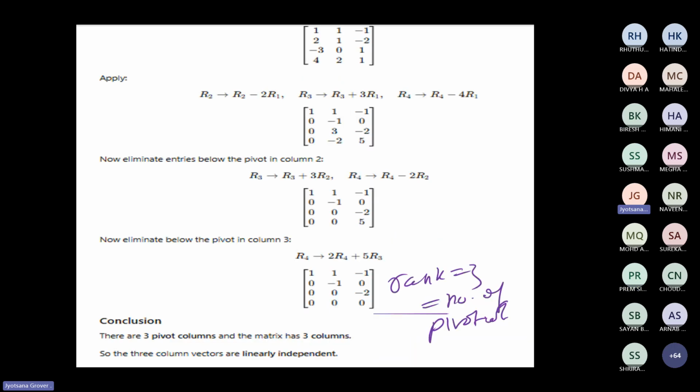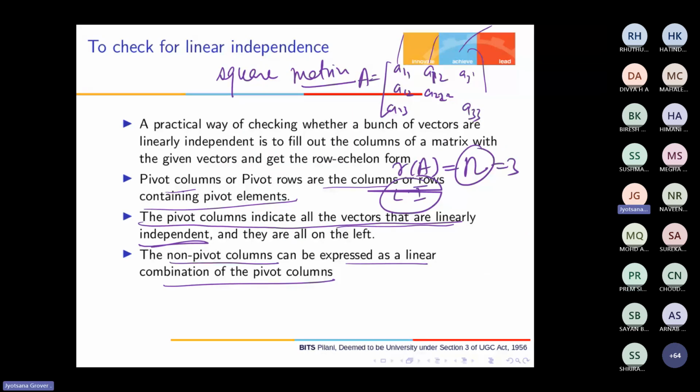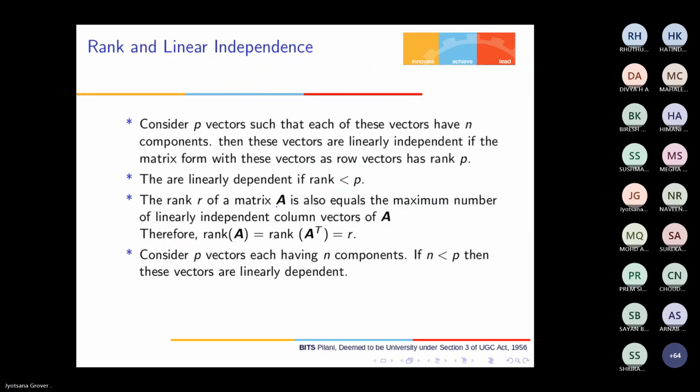If the rank is less than the total number of columns, then you say that it is a set of linearly dependent vectors. If the rank is less than P, where P is the number of vectors that you want to check for dependence, they are dependent.